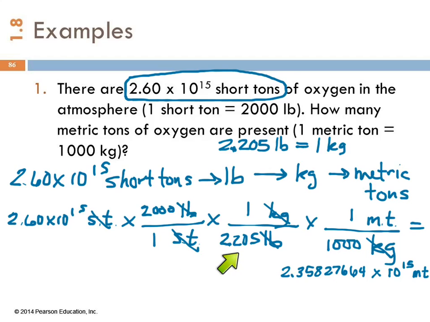Is this one? No. Pounds is English, kilograms is metric. Is this an exact conversion? Yeah, because this is all metric. So here, this one has 4 sig figs, and how many does our starting number have? 3. So then we're going to give our answer as 2.36 times 10 to the 15 metric tons.